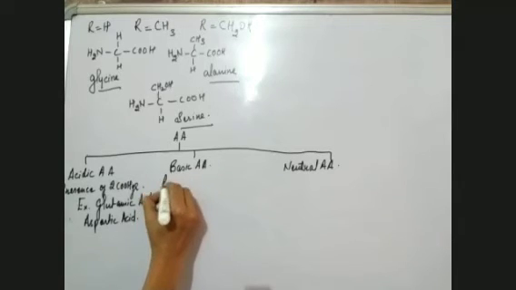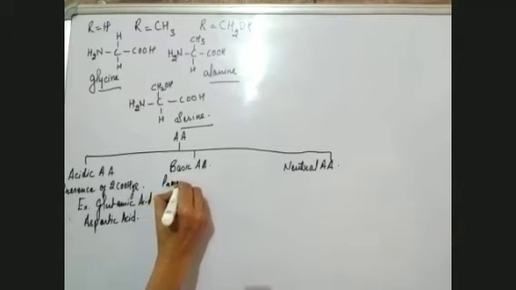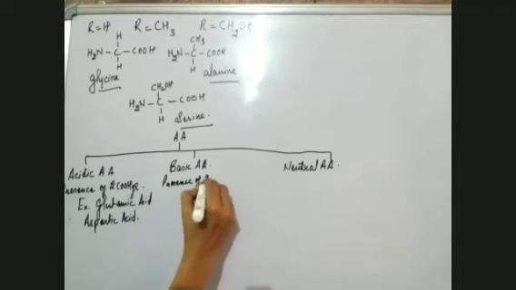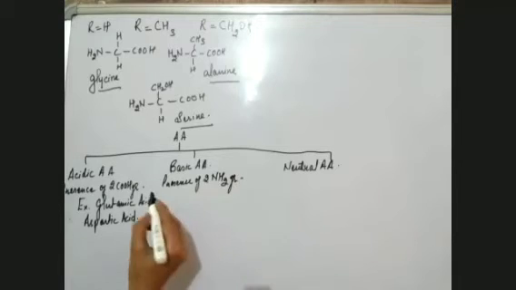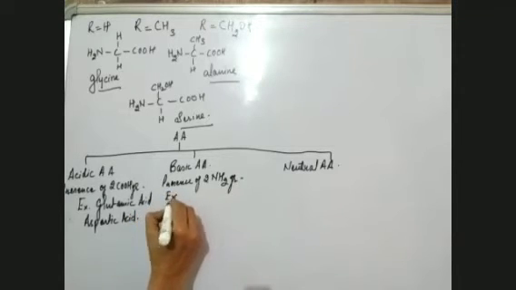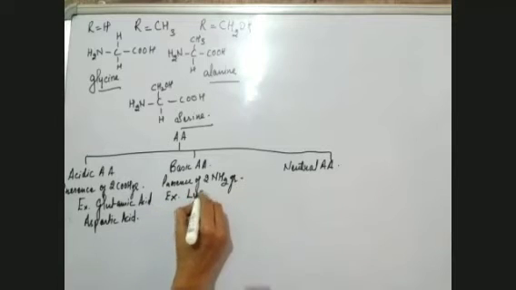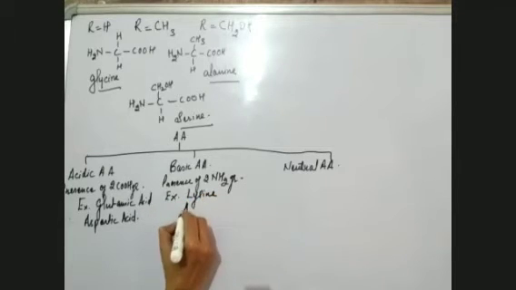So, the presence of two NH2 groups makes them basic amino acids. The examples of basic amino acids are lysine and arginine.